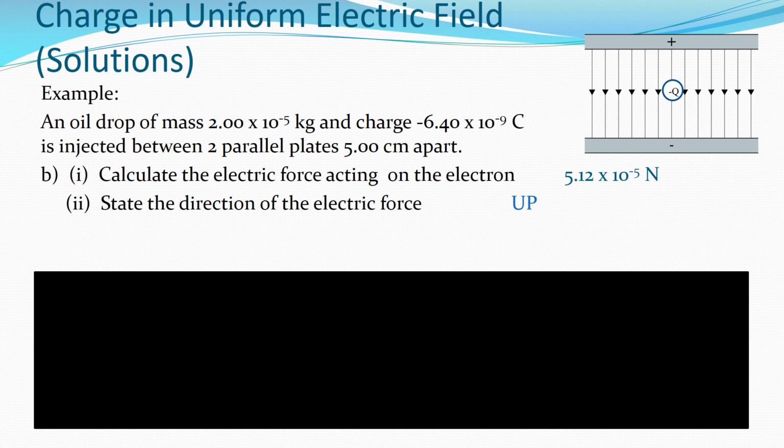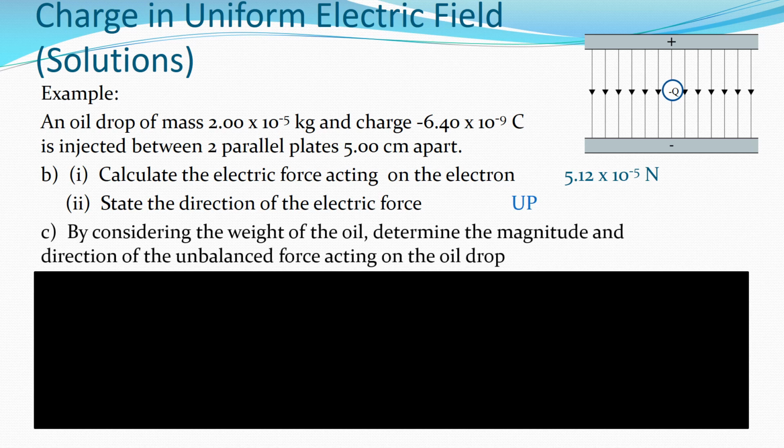Now that we have the electric force acting on the electron and we have the direction of the electron, we're asked to, by considering the weight of the oil, determine the magnitude and direction of the unbalanced force acting on the oil drop. Okay, so let's have a look at the weight first. W equals mg. Now we're told the mass of the oil drop within the question, so that is equal to 2 times 10 to the negative 5 kilograms.